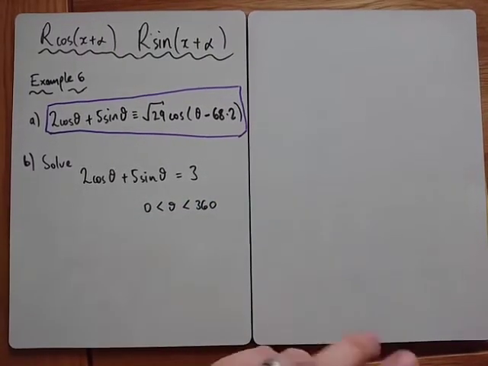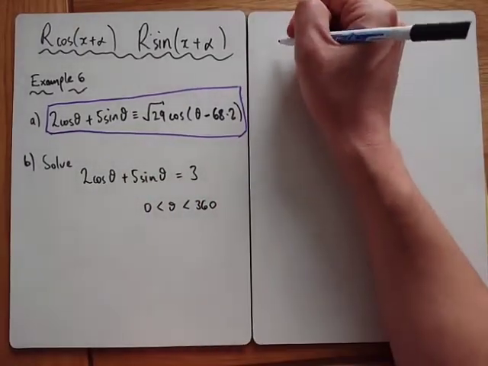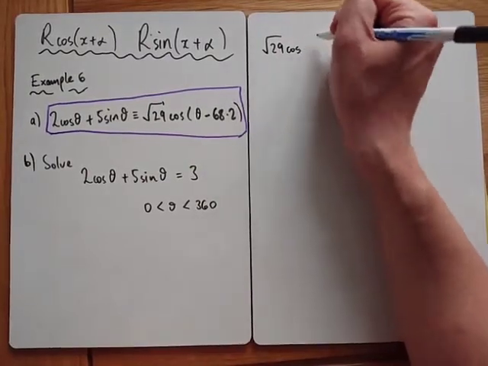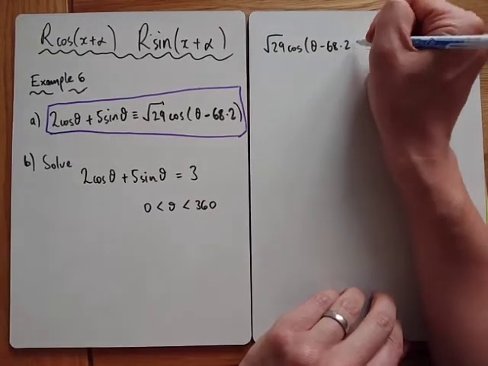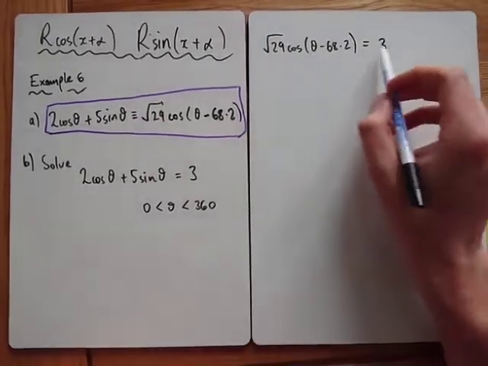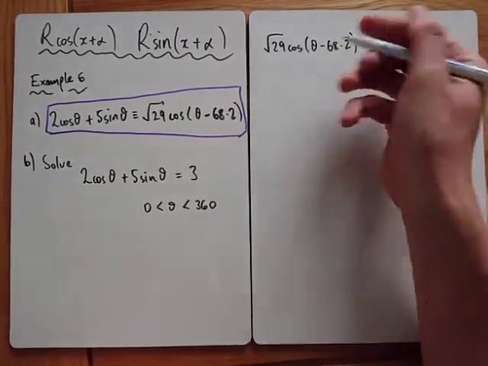Okay, so what we're going to do, we're going to use the form that we know and solve that equation instead. So we've got root 29 cos theta minus 68.2, and we're going to say when does that equal 3? And we've just got a single equation with cos in that we can solve. Okay. Before we take cos inverse, get cos on its own.